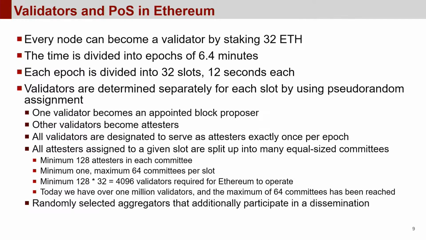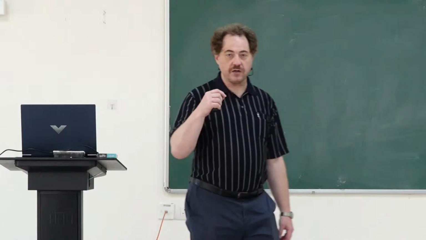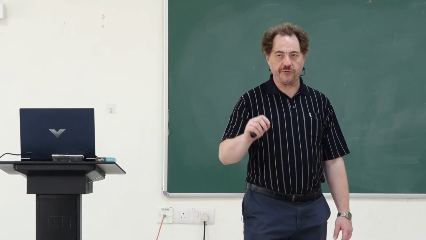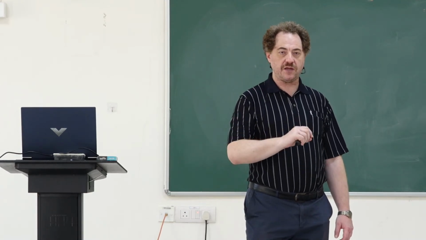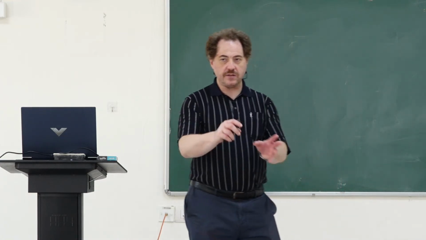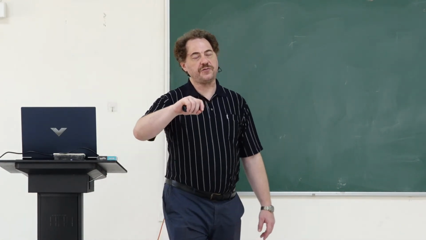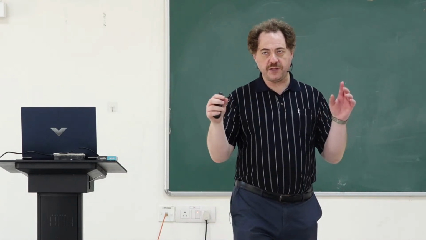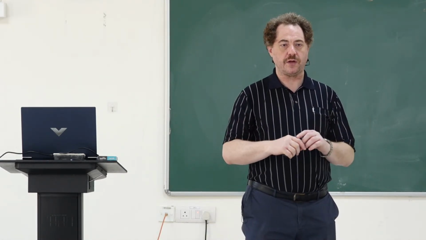So attesters are never used twice within the same epoch, and therefore we require a minimum of 128 times 32 equal to 4096 validators. The same validators can be reused across different epochs. So for the next epoch, we could use the same set of validators, or we could use different validators. But within the epoch, we are not allowed to reuse attesters.